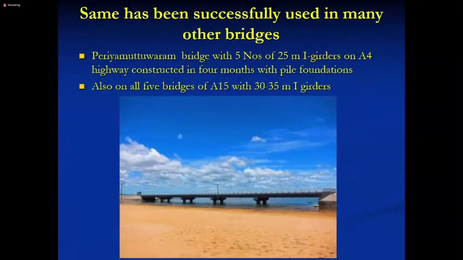There are so many bridges on that line because of Mahaveli River meeting the eastern coast. If you look at the map, you can see there are so many bridges on that particular highway, A15 highway.